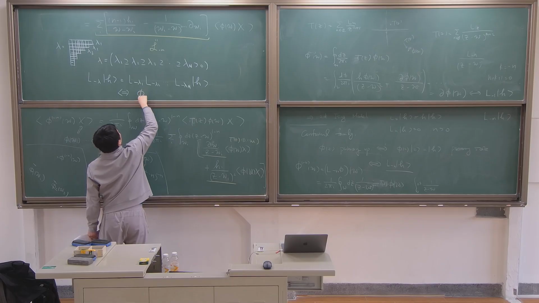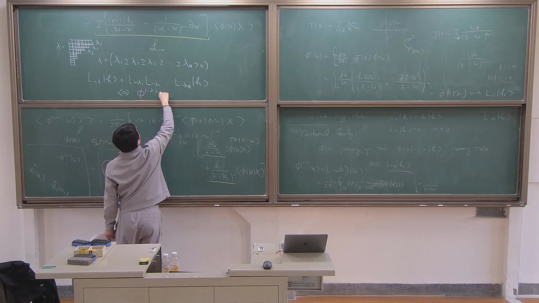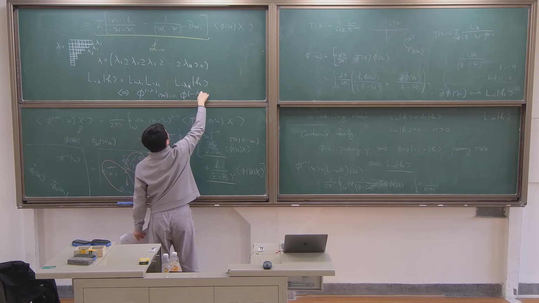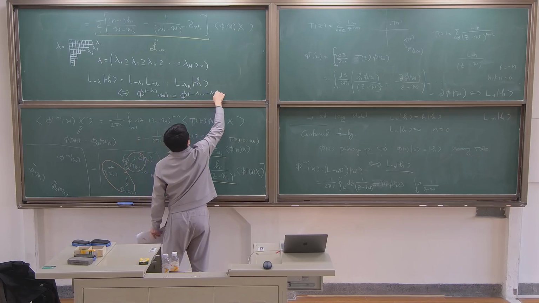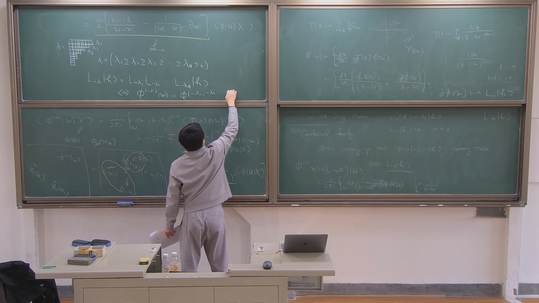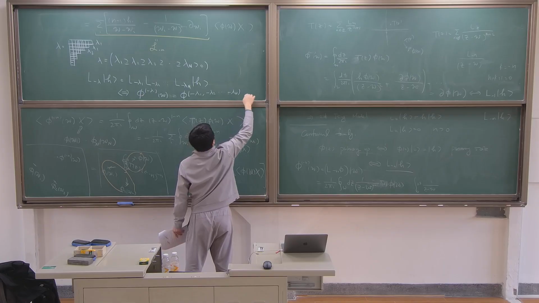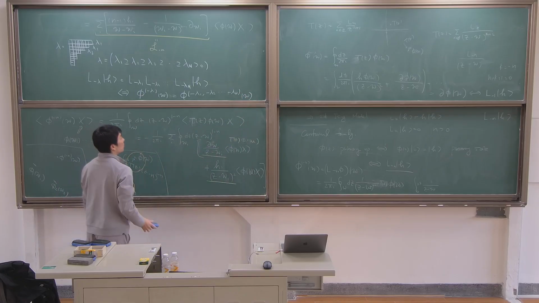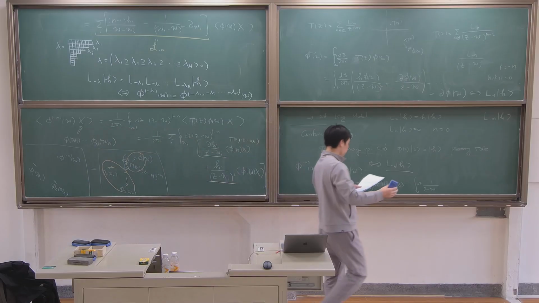So this one we write down like this: minus lambda of w, or more explicitly minus lambda 1 minus lambda 2 minus lambda n and w. Okay, fine. The corresponding operator can be written.